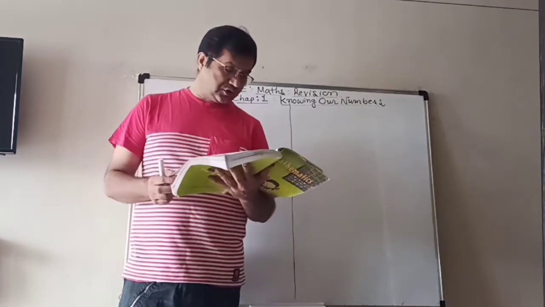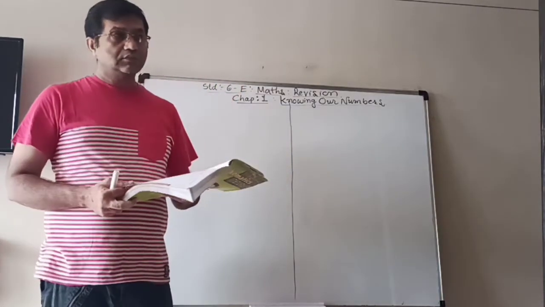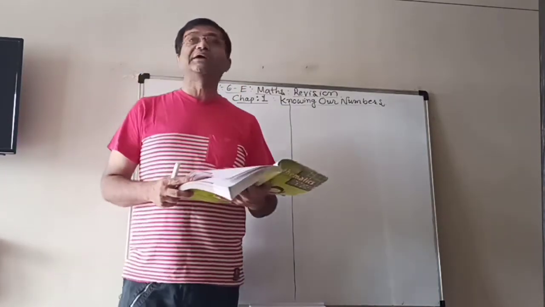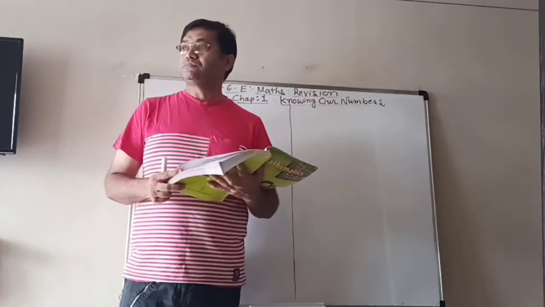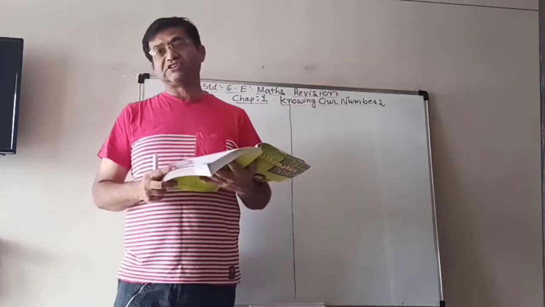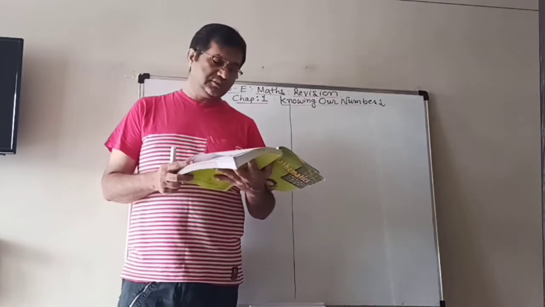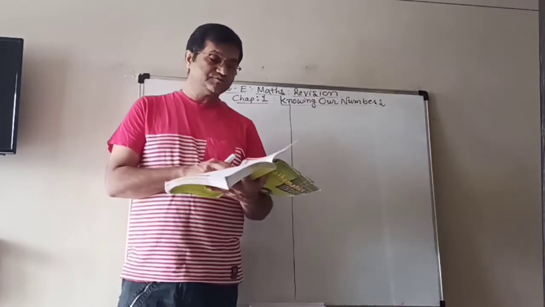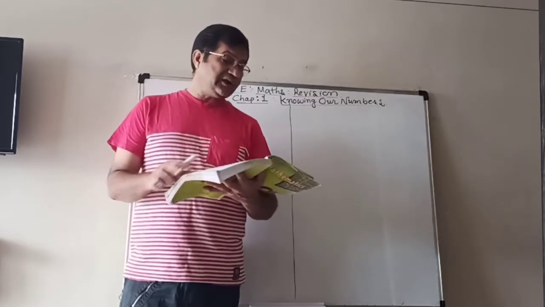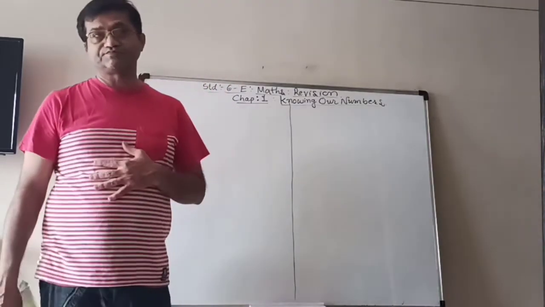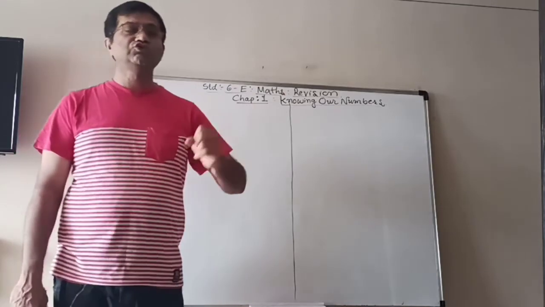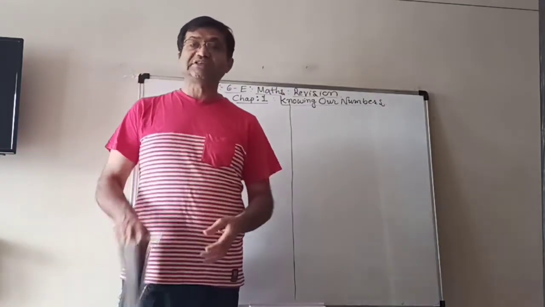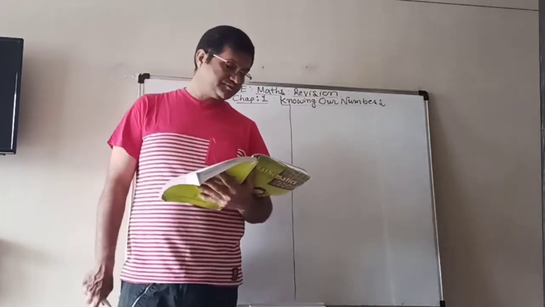We'll learn how to read the big numbers, write them down in digits or the number name and the expanded form. Also we learn the use of commas both ways, international system and Indian system.